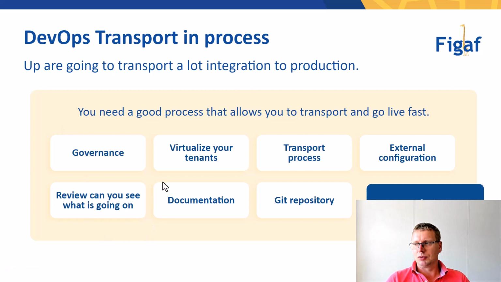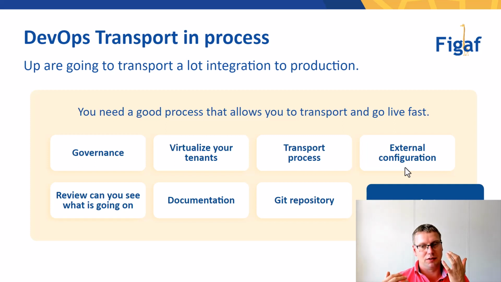This would allow you to do the governance, having approvals on these steps. It will virtualize your tenants, and I think this is by far the best value of it. But anyway, the governance and all of these transport processes, no matter if you have 3 tenants, you are still going to spend a lot of time on that.